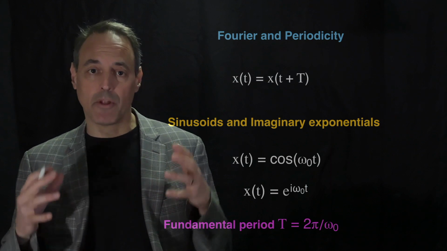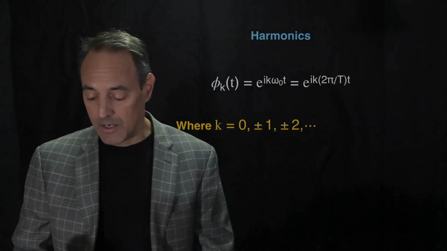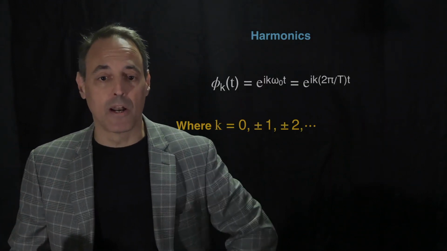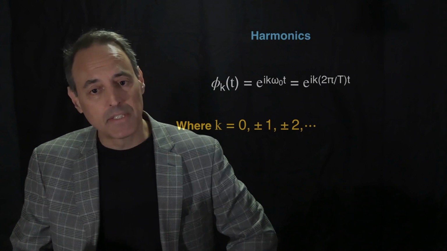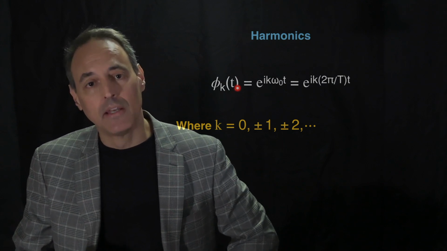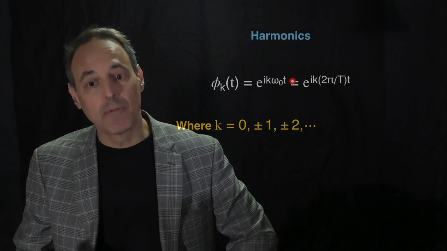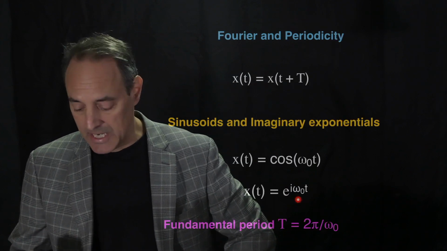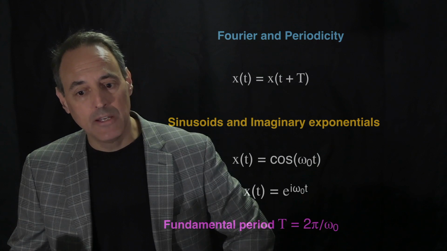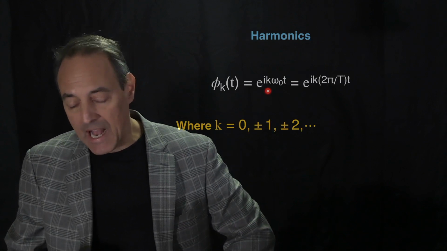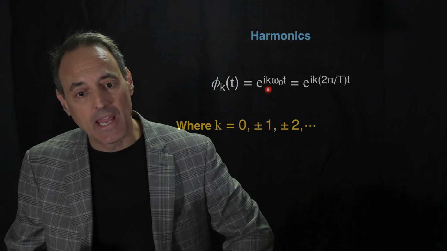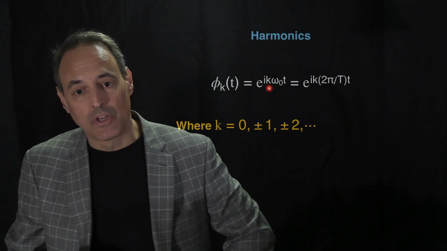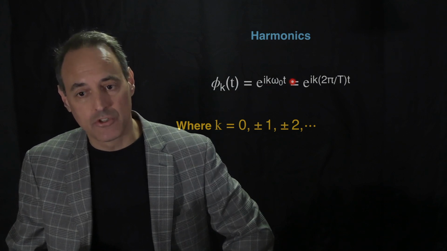And from that fundamental period, now we're going to start expanding in harmonics. So here are going to be our basis functions. We're going to take some function, phi k, which is going to be our exponential. But notice what I've done here. Before, I had just e to the i omega naught t. Now I have e to the i k omega naught t, where k is an integer. So k can be 0, plus or minus 1, plus or minus 2, and so forth.